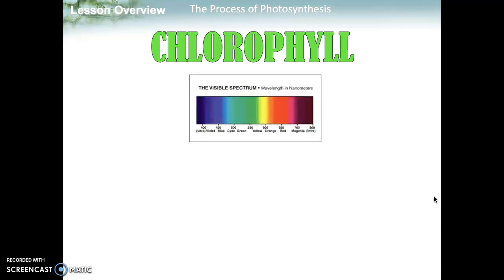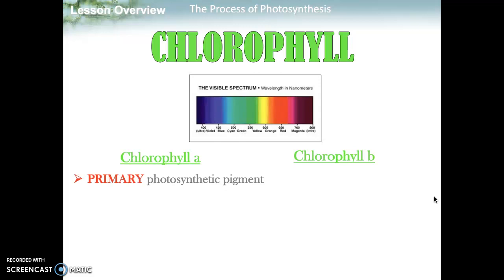To get a better understanding of that, here is your visible spectrum. You can see where the blue, the green, the yellow, orange, and red are located. There are two types of chlorophyll, chlorophyll A being the primary pigment and chlorophyll B being a secondary pigment. A is the one that does most of the absorbing, as I said.